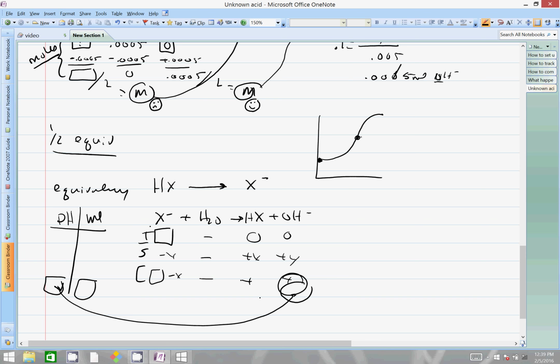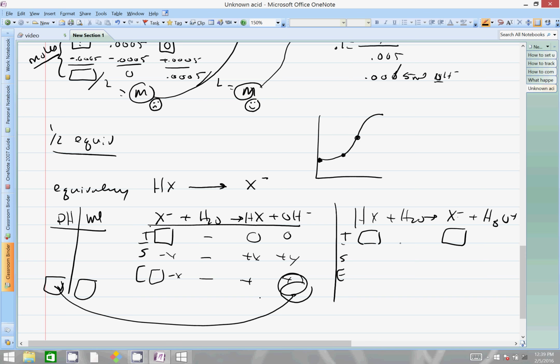And it's not that much harder at the half equivalency point, because at that point you can use either this equation or this equation. Okay, and you need to figure out your initial concentrations based on some stoichiometry, but they are going to be equal at the half equivalency point.